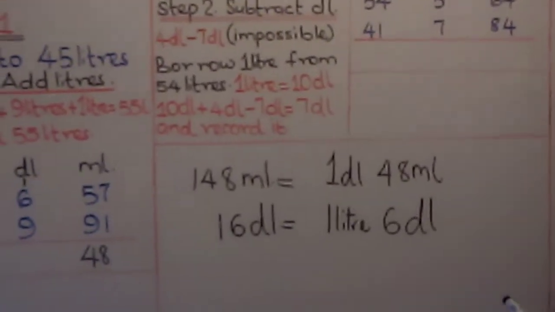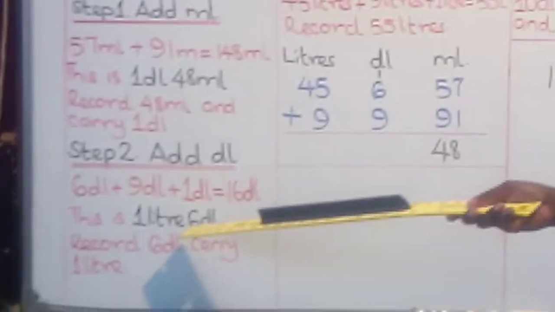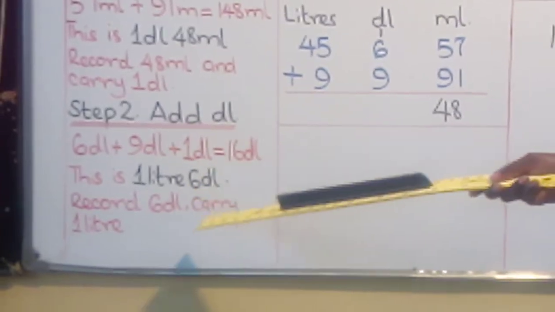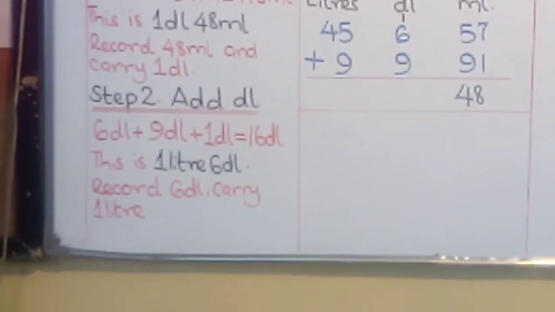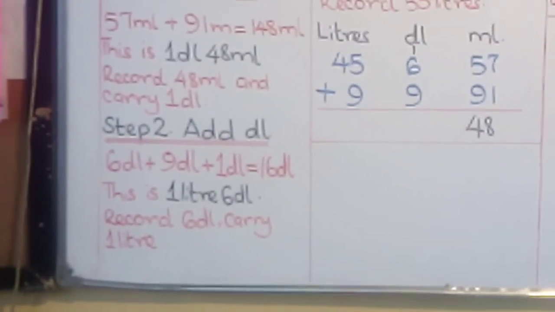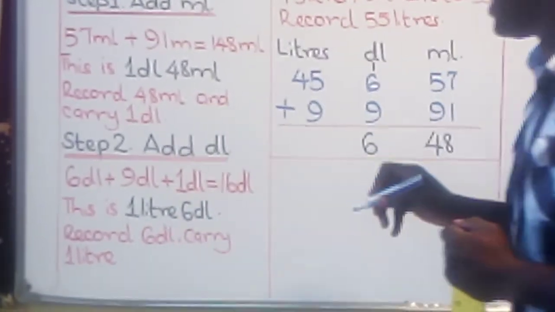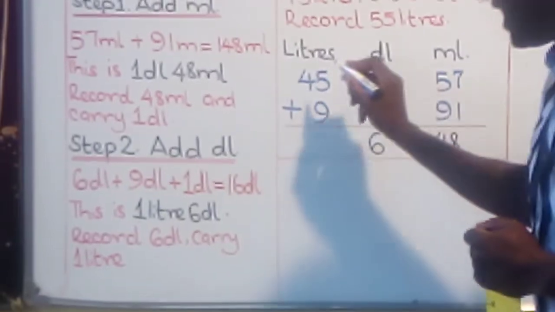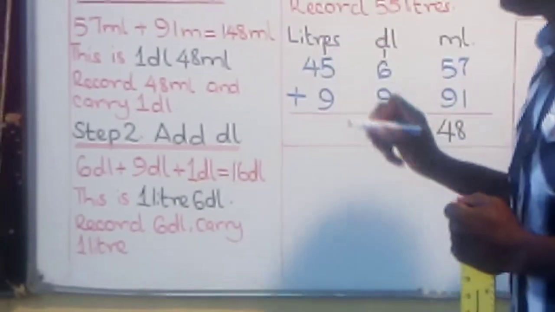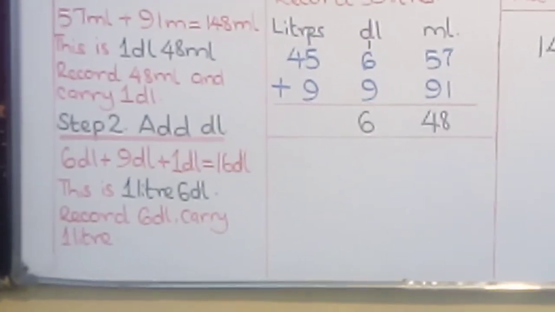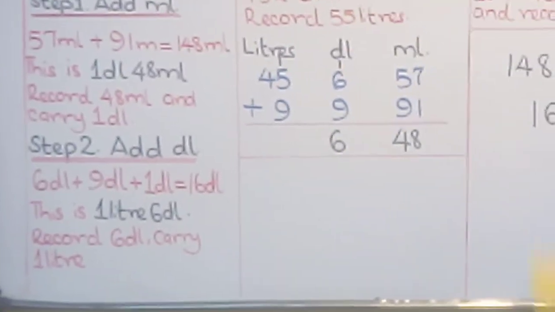And so we are going to record 6 deciliters and carry 1. So here we're recording 6. Then we carry 1 liter, take it to the side of the liters. Step number 2 is complete.